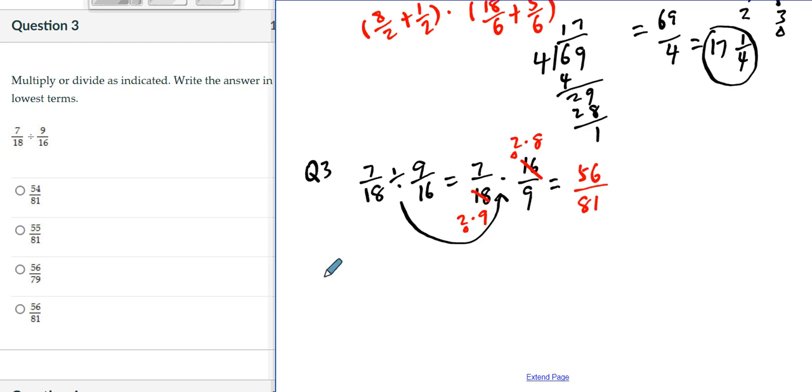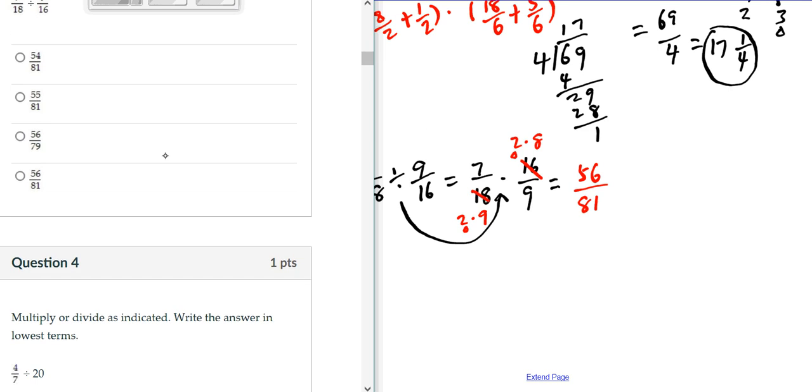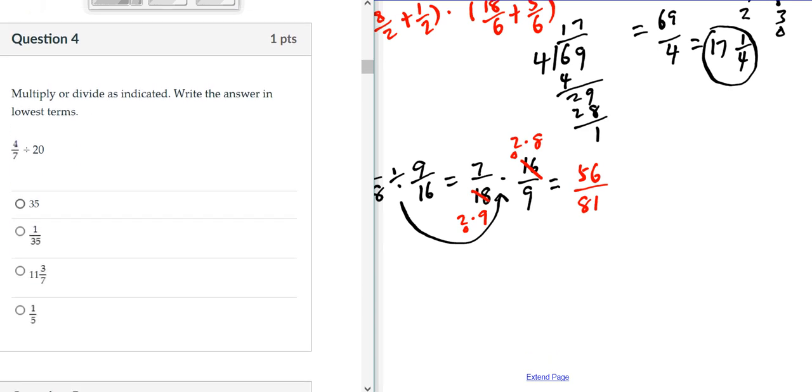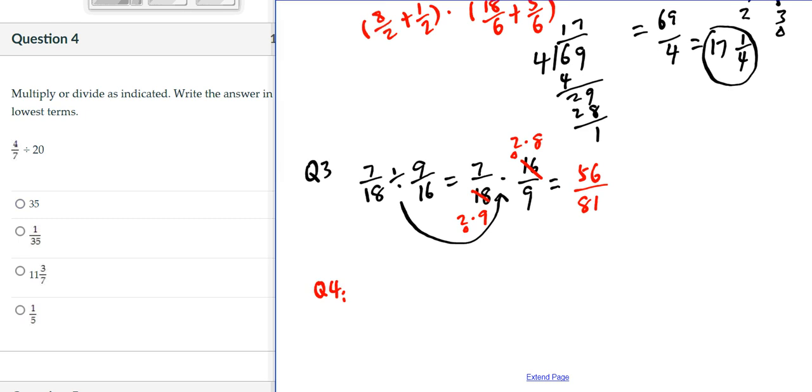Now, let's look at question 4. So move to 4. In 4 we want to write the answer in lowest terms. Again, here we have 4 over 7 divided by 20.